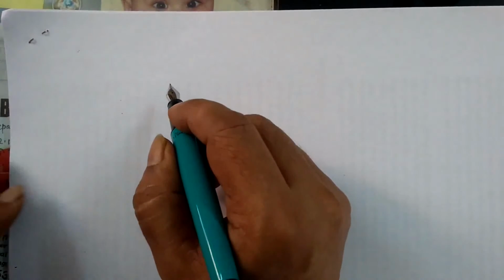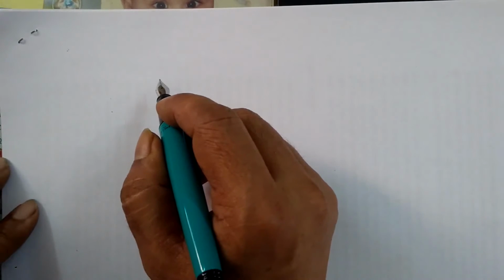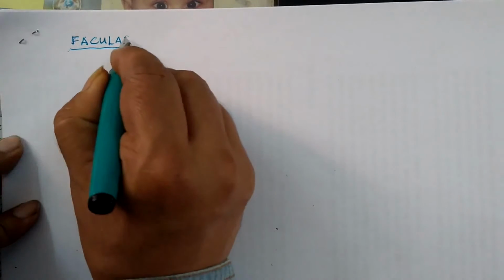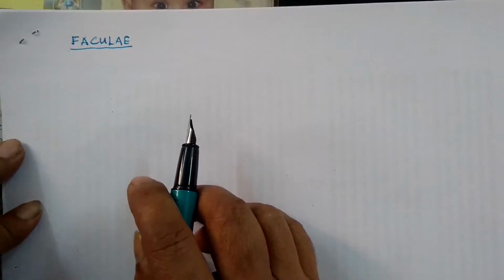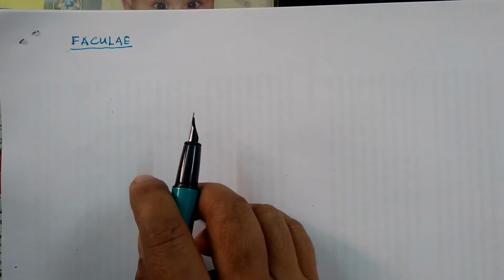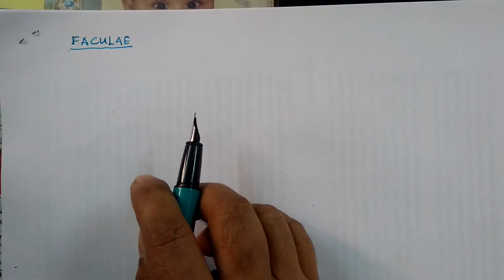Okay, so now we will study faculae. Now we see sunspots. We all know what sunspots are. We will study the sunspots in detail as well.